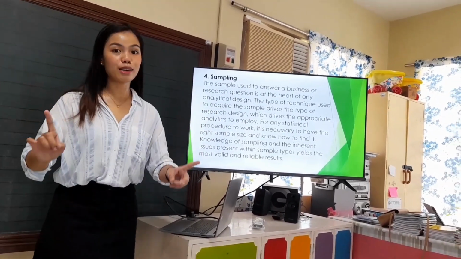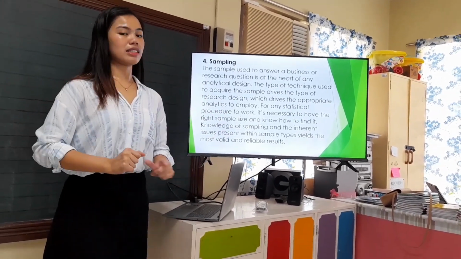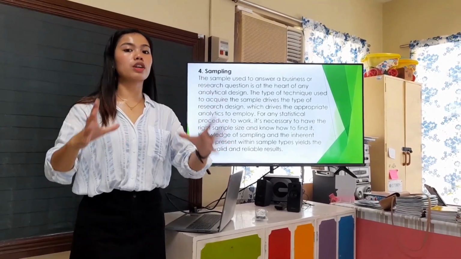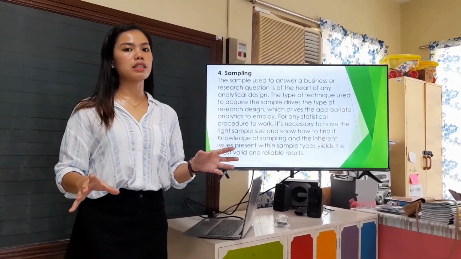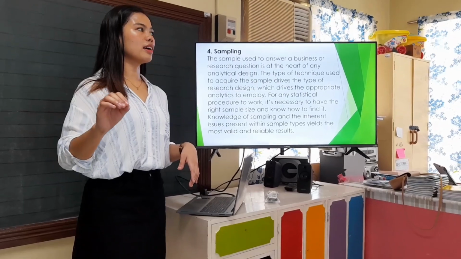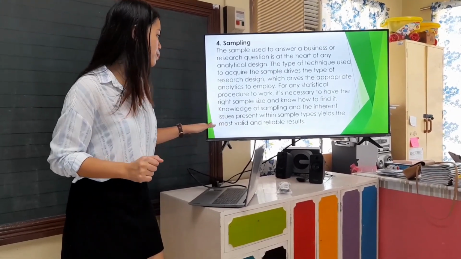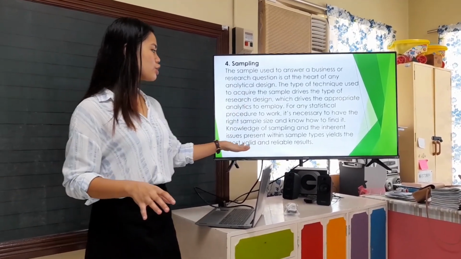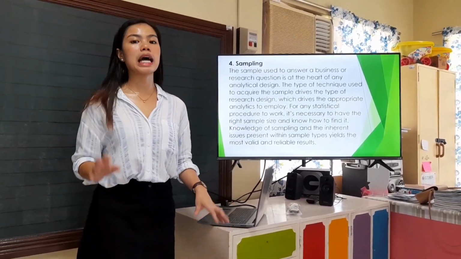So take note of the words right sample size and know how to find it. It's not only because you have to be focused on the group that you have, so that you can really know the sample size, whether, money-wise, you can afford it or not. But that's just the practicality, right? So the knowledge of sampling and the inherent issues present within sample types yields the most valid and reliable results.